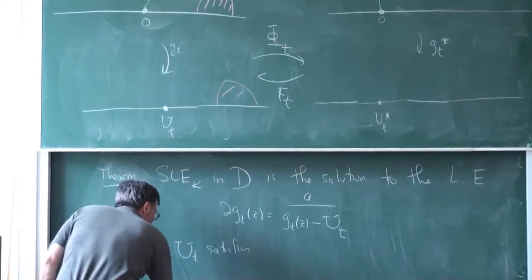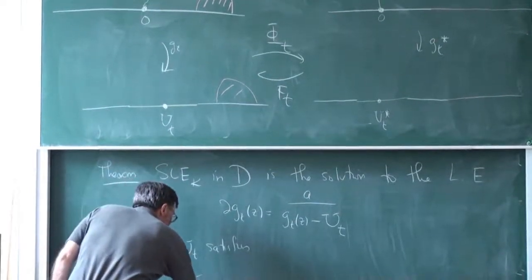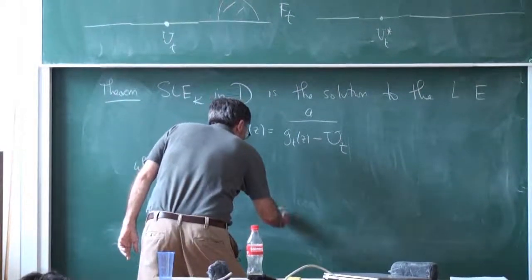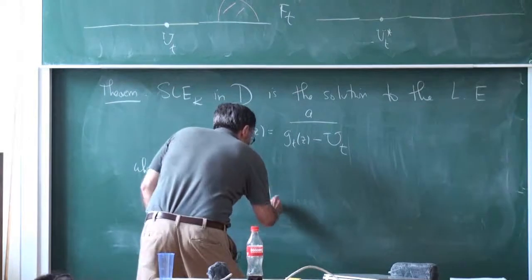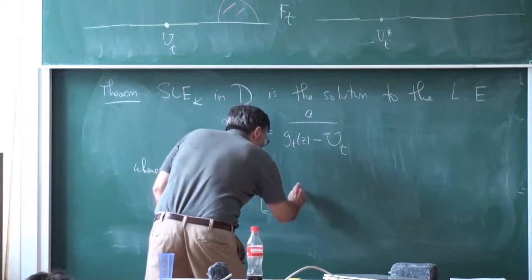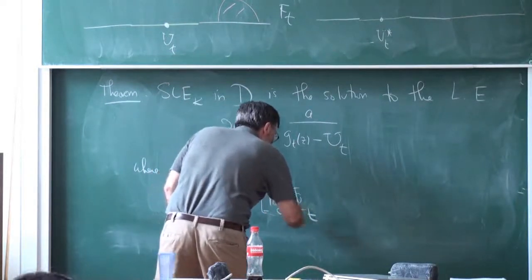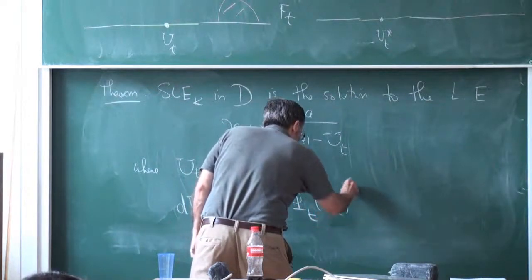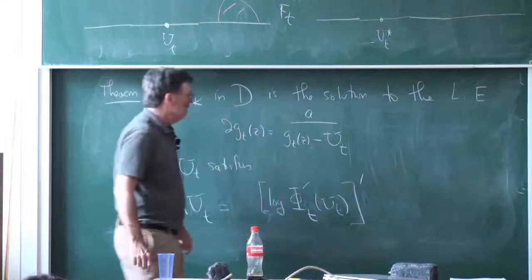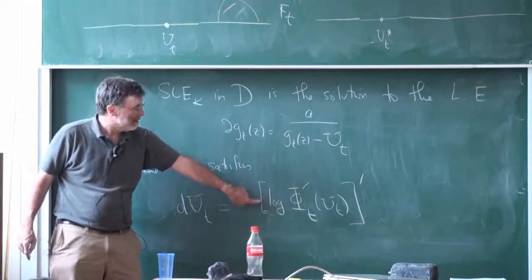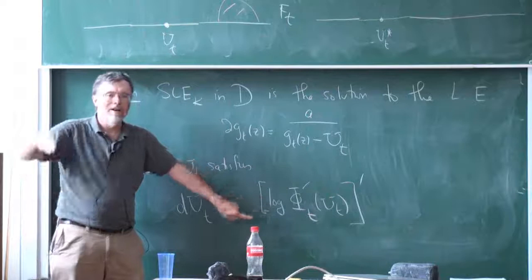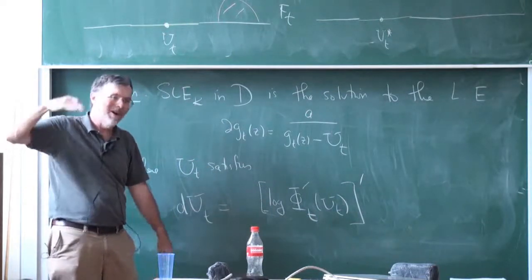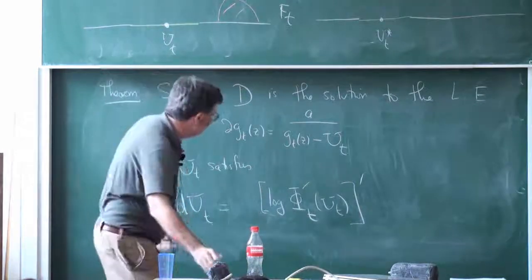And so dU_t equals, turns out to be, take log phi_t prime of U_t, prime. When I'm writing this, this is shorthand for phi_t double prime over phi_t prime.